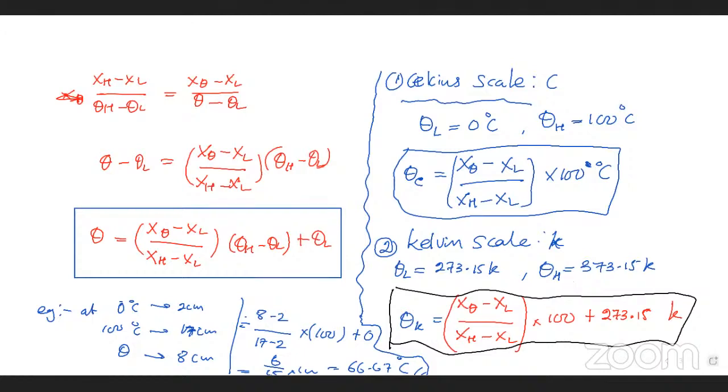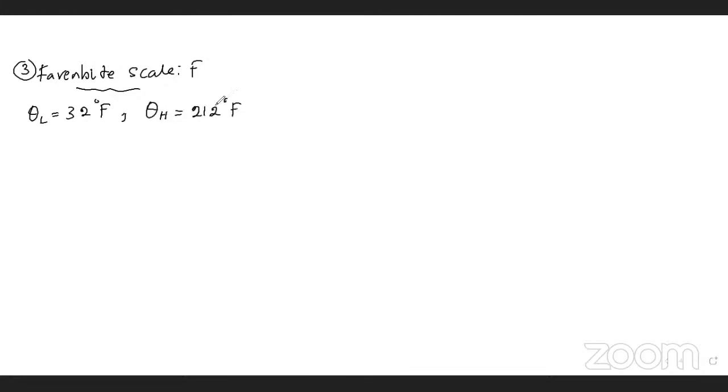And the third one is for the Fahrenheit scale. If you want me to, I can go to the previous page also. In the Fahrenheit scale, the lower fixed point is taken as 32 Fahrenheit degrees, and the upper fixed point is taken as 212 Fahrenheit degrees.